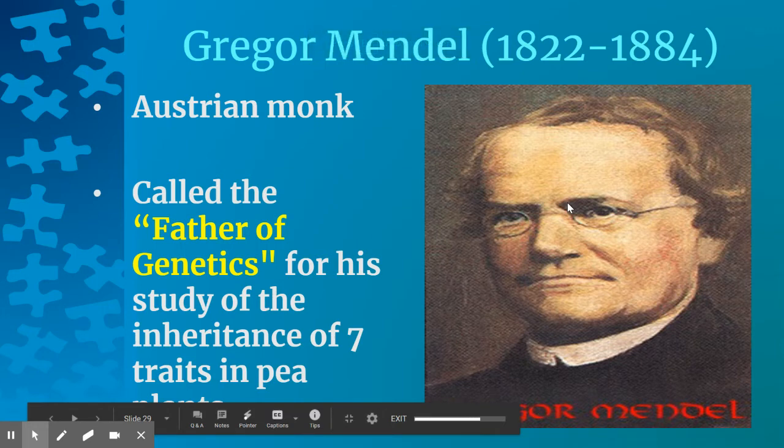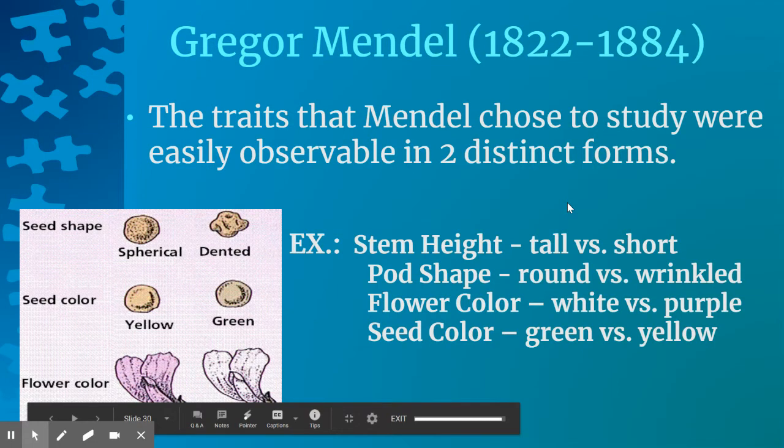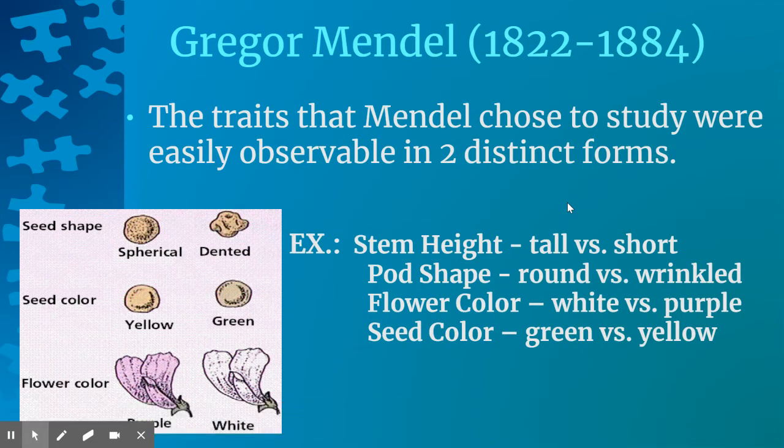So, Gregor Mendel was looking at these pea plants and he was studying easily observable either-or characteristics. So he wouldn't have been studying hair color because there's lots of different shades of hair color, right? And he wouldn't have been just studying eye color because there's lots of different shades of eye color, but he was studying characteristics that were either-or.